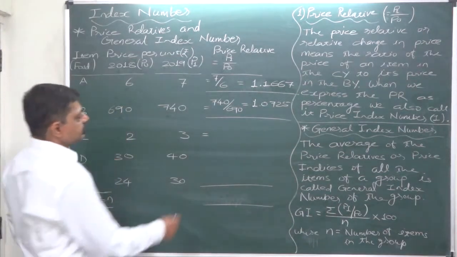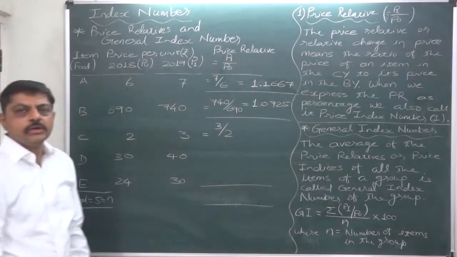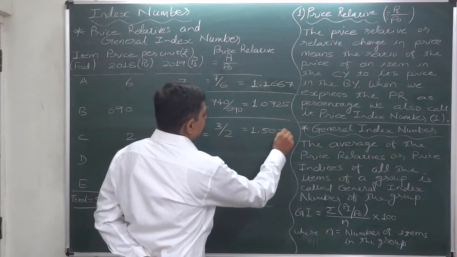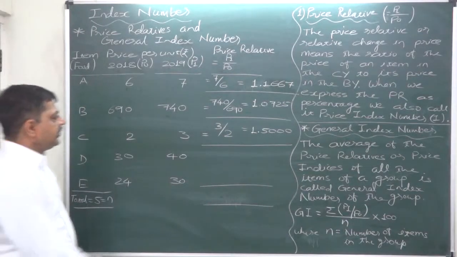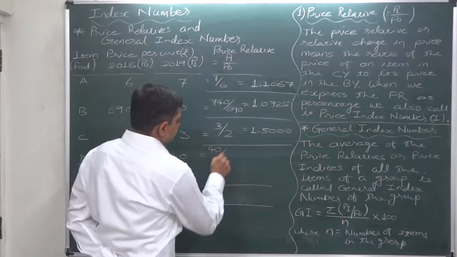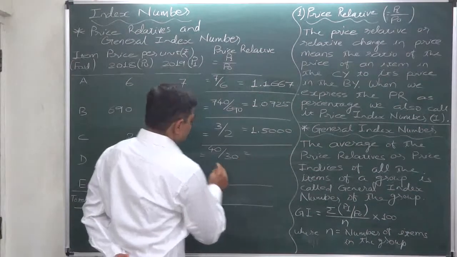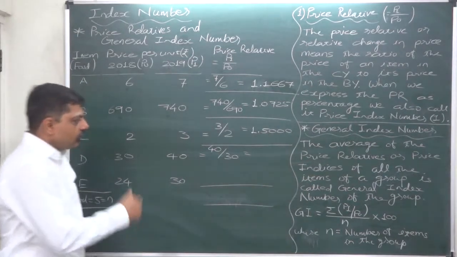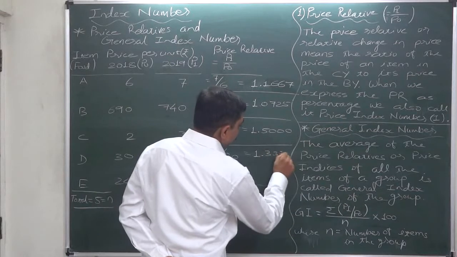In case of C, price in current year is 3, price in base year was 2, so the price relative comes to 1.5. In case of D, price in current year is 40, price in base year was 30. So 1/3 has increased, so it comes to 1.3333.